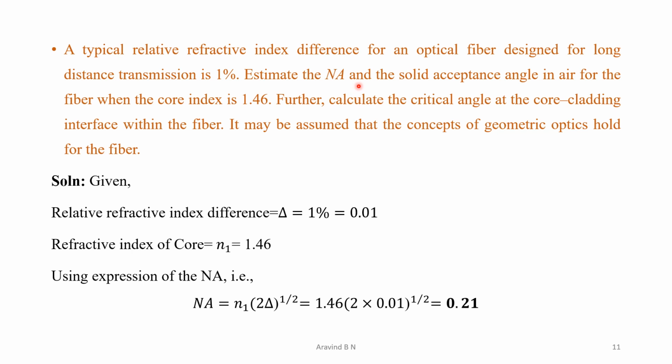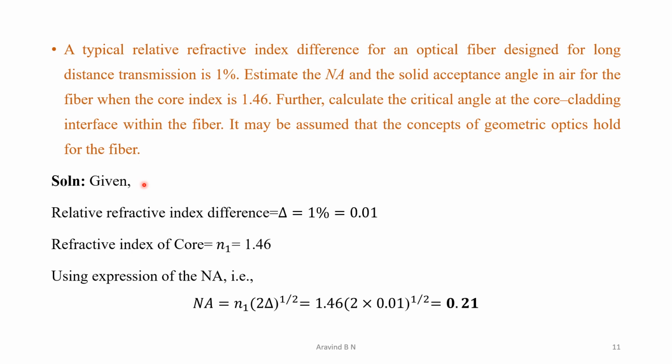Estimate the numerical aperture and the solid acceptance angle in air for the fiber when the core index is 1.46. Further, calculate the critical angle at the core cladding interface within the fiber. It may be assumed that the concepts of geometric optics hold for the fiber.